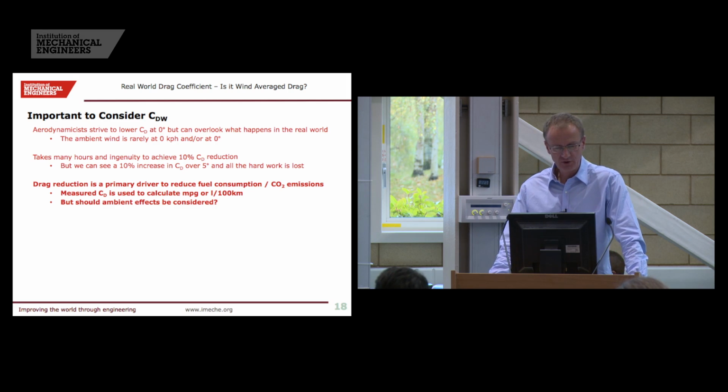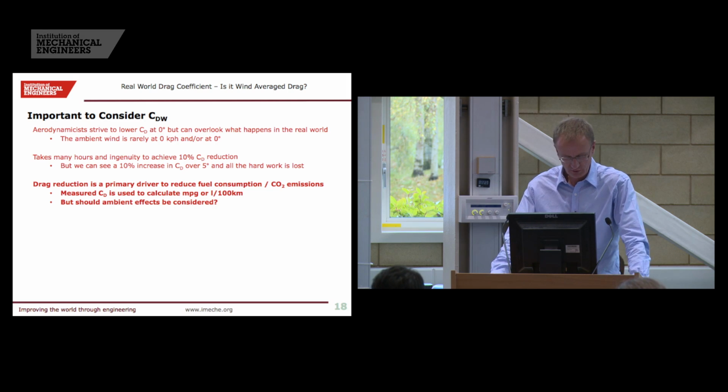So the drag reduction is a primary driver to reduce the fuel consumption and the CO2 emissions. But if we know that the real world is different from this idealised case from the wind tunnel or CFD, then should we consider using that calculation in the fuel economy?